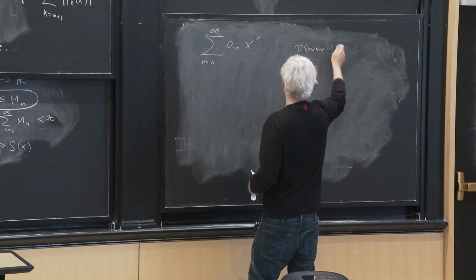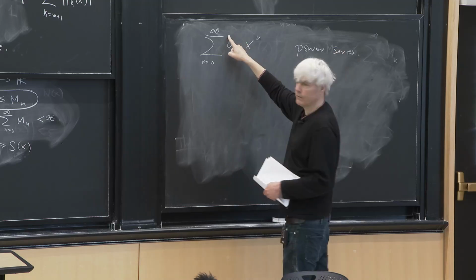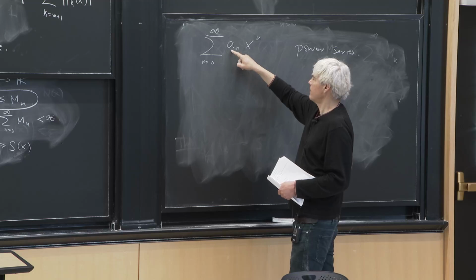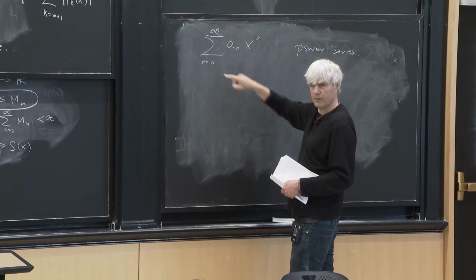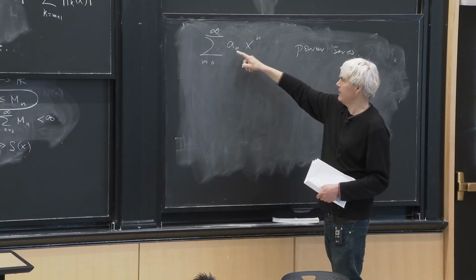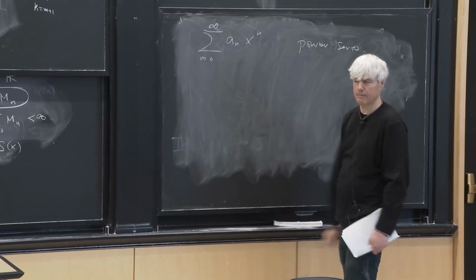Remember that a power series is where you're taking a sequence of real numbers, and you think about these as coefficients in this polynomial, and then you're summing over them. The an is the coefficient of x to the power n.